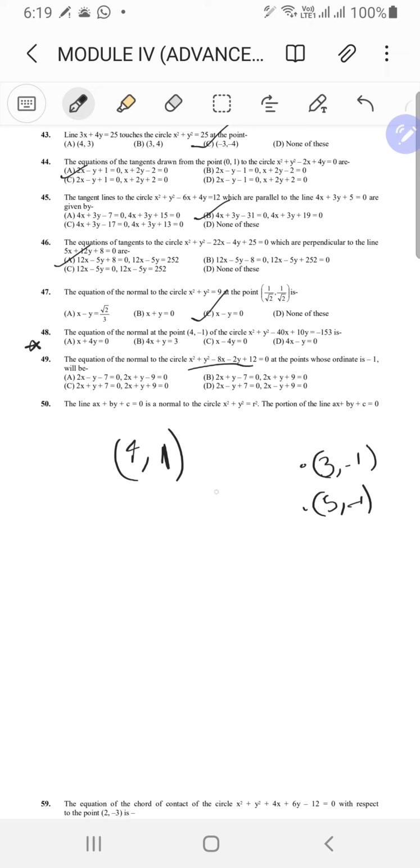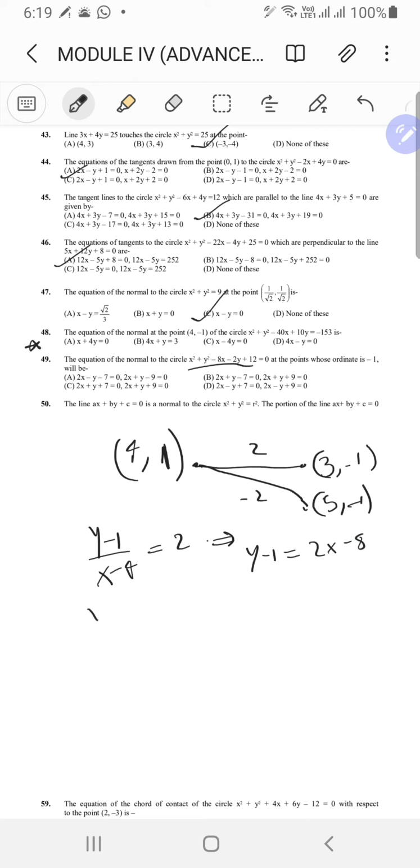So the first slope is 2 upon 1, so it's 2. The second slope is 2 upon minus 1, it's like minus 2. Okay, so y minus 1 upon x minus 4 equal to 2. That's going to give me y minus 1 equal to 2x minus 8, and y minus 1 upon x minus 4 equal to minus 2.